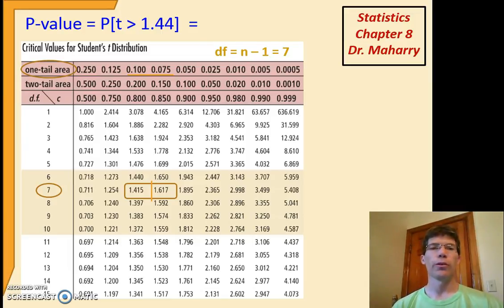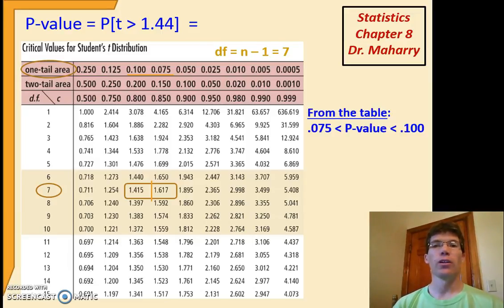So notice 1.415 and 1.617 correspond to a one-tail area of 0.100 and 0.075. So if my t-value is in between, it would make sense that my one-tail p-value area would be between those. So from the table, I could conclude that this p-value is somewhere between 0.075 and 0.1.